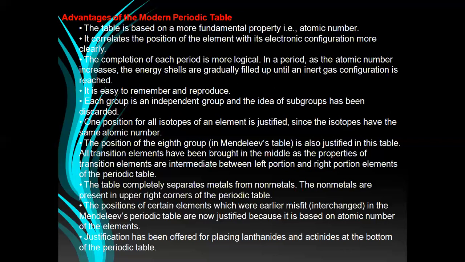It is easy to remember and reproduce: for number 17, which element is present? We know that chlorine is present. It is easy to identify and remember the elements. Also, each group is independent.